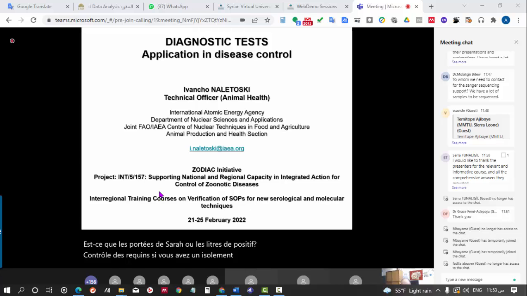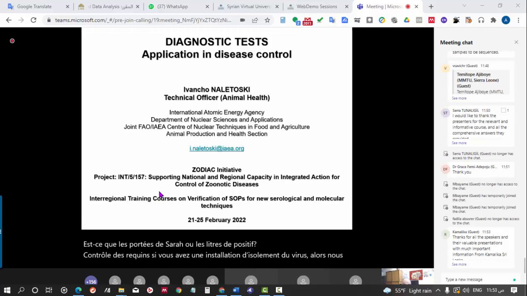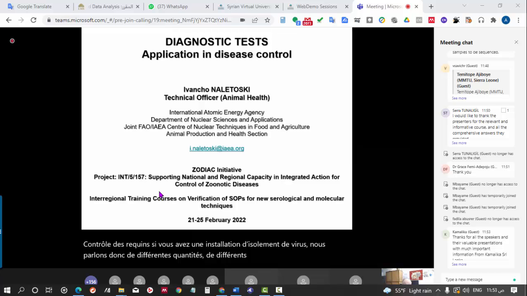So we are talking about different dimensions of quantities. Supply of standard reference materials goes 1, 2, 3, 4 vials. Local production of calibrated materials yields liters. So it's much, much more advantageous for the local laboratories.